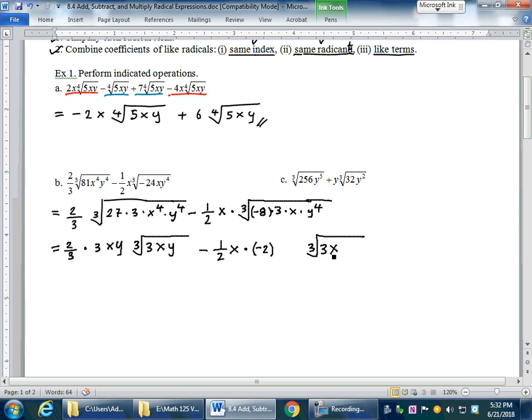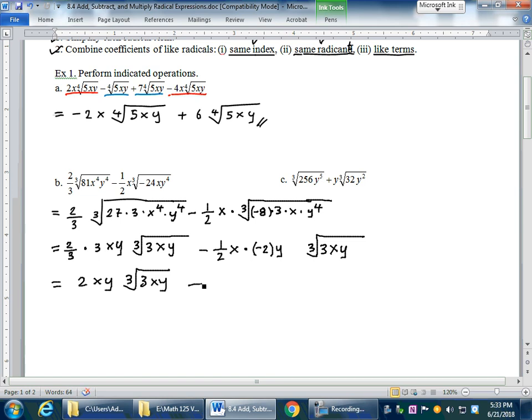But y is y to the 4th, so I can divide. 3 goes into 4 one time, so y comes out, and then the remainder is 1, so y stays inside. Now, simplifying a little bit further on each term, 2/3 times 3 will become just 1, so it will be 2xy, cube root of 3xy.